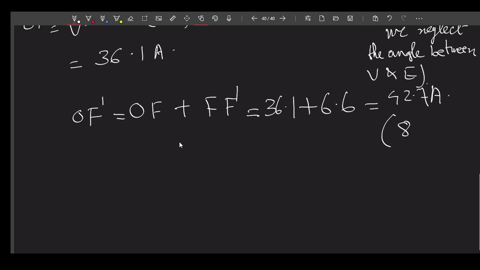Corresponding voltage will be 8100 volt.